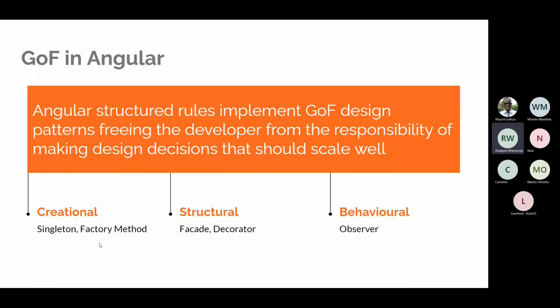But with Angular, with such structured rules, it comes with the implementation of the patterns out of the box. Some of the patterns implemented in Angular include, in creational patterns, the singleton and the factory method; in structural patterns, the facade and the decorator; and for behavioral patterns, the observer.